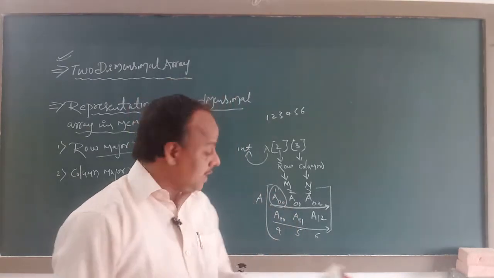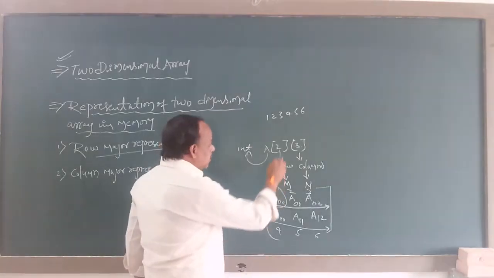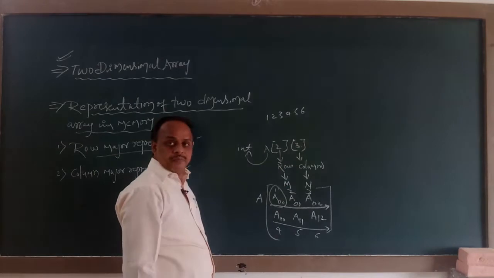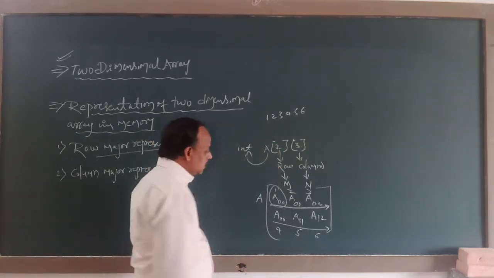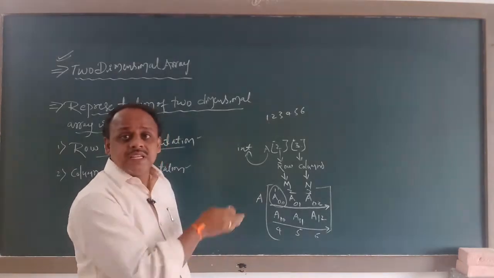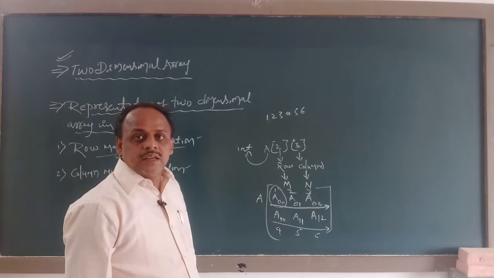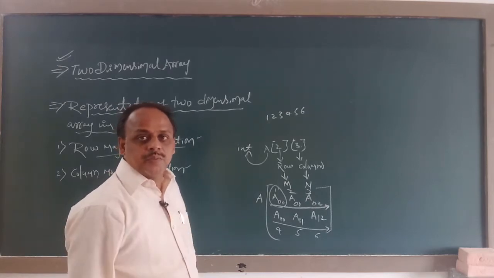For example, let us consider an array A of 2, 3. It means a total of 2 into 3, 6 elements are going to be stored in this array, right? So here row major order means row wise elements are going to be stored.